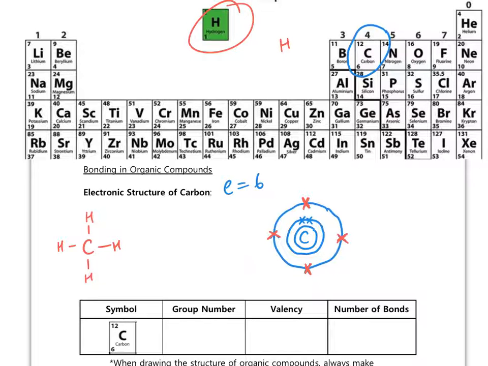So if we were to draw that in, it would have just 1 electron in its outer shell. So essentially when carbon is bonding with hydrogen in methane, it comes in like this and it shares its electron with carbon. And we have 1 hydrogen at each of these positions.